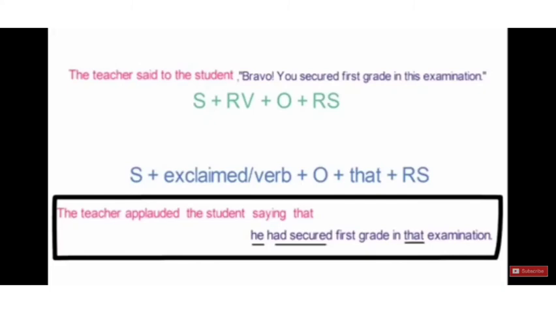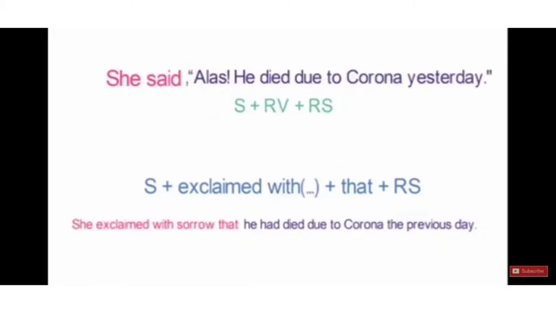So use the structure. It will be very useful to you, dear students. Next we see the next example. We learn another way of converting an exclamatory sentence from direct speech to indirect speech. She said, "Alas, he died due to corona yesterday."